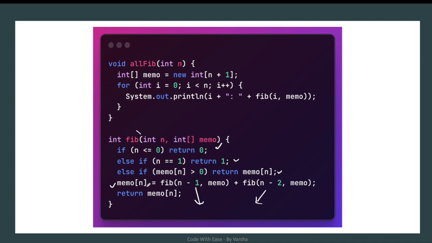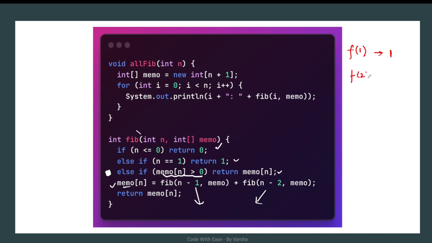But the only tweak that they have done is, instead of calculating it for every number, they seem to be storing it and then utilizing it over here. Whenever the memo of n already exists and is greater than 0, return that value. If I try to give you an example, when I'm saying f of 1, I know 1 is being returned because that's the base case.